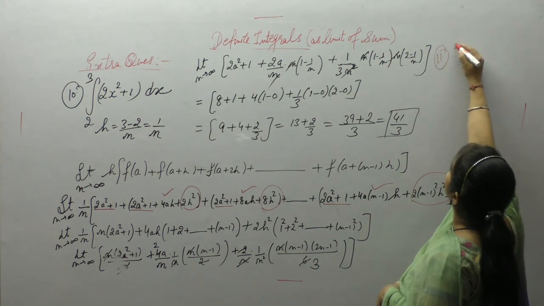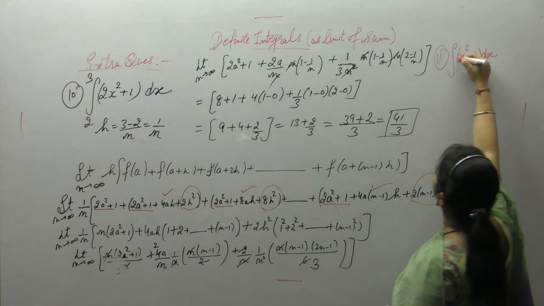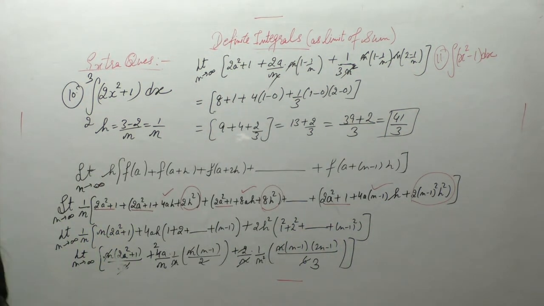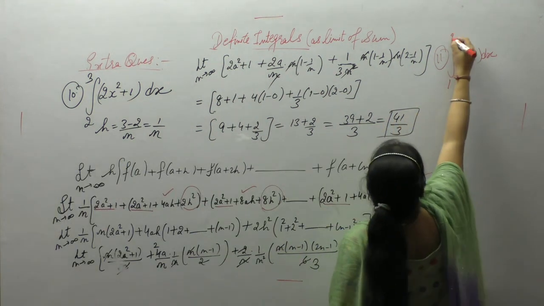Next is integral of x square minus 1 dx. We just solved the question integral of x square plus 1 dx. Now x square minus 1 dx, limit goes from 1 to 2.